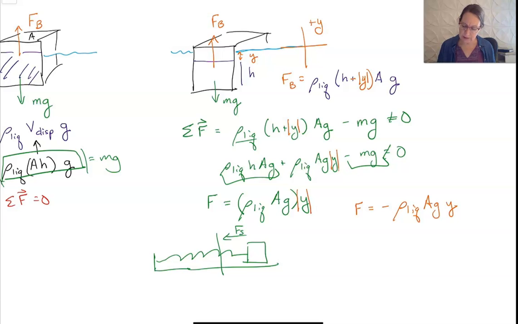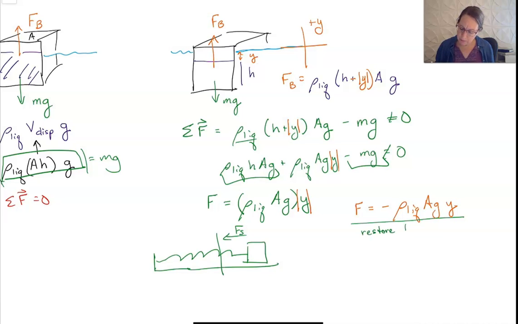All told, the force is going to be in the opposite direction of y. If y is negative, the force is up. If y is positive, the force is down. It's a so-called restoring force. This is the force that would act to restore it back to equilibrium.